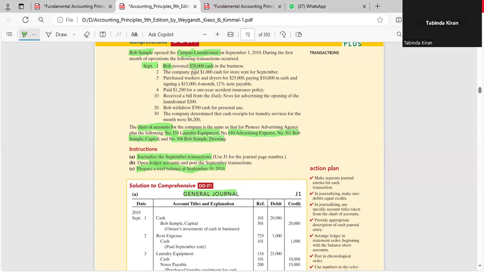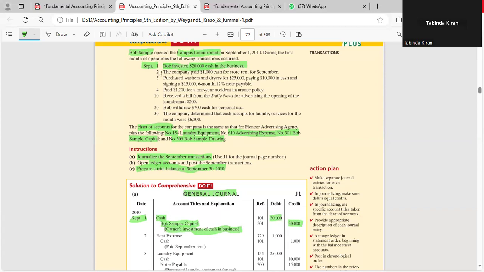Now, as Bob has invested $20,000 cash in the business, we pass this entry on September 1st. Cash, an increase in assets, will be recorded as debit, and Bob Sample's capital, an increase in owner's equity, will be recorded as credit. So $20,000 debit and $20,000 credit, and now we are going to narrate this transaction: owner's investment of cash in business. This is the very first transaction.